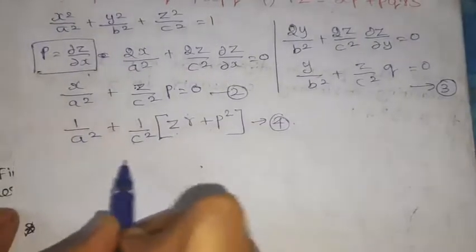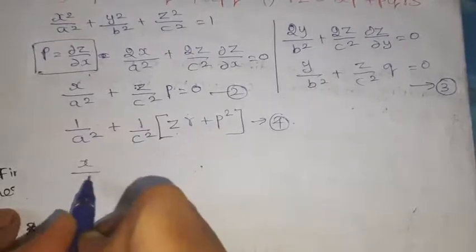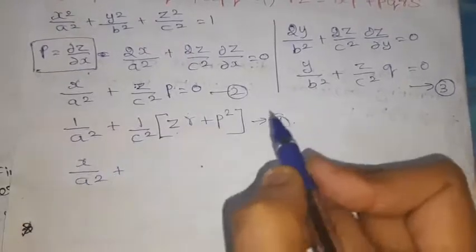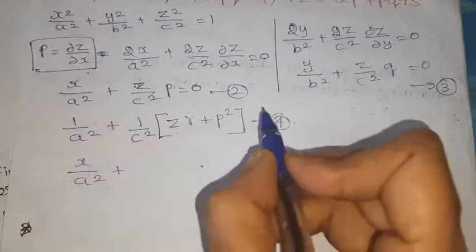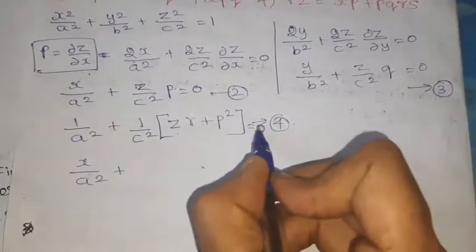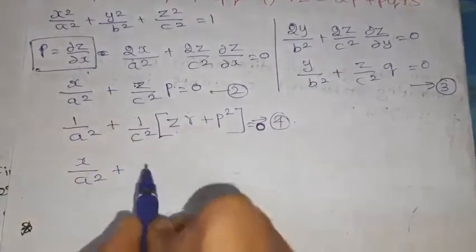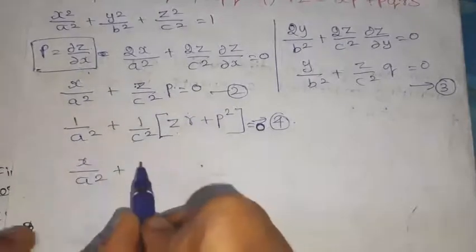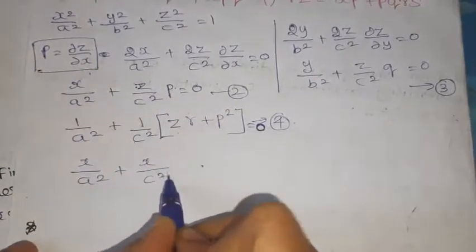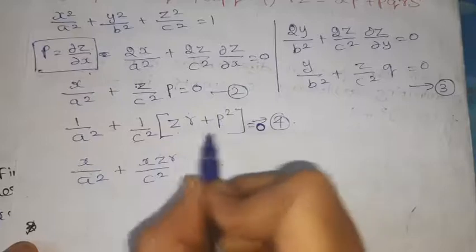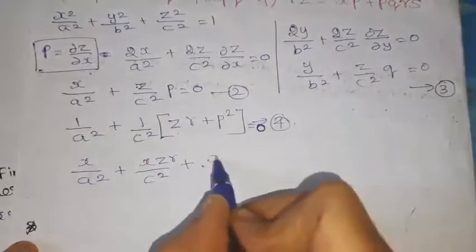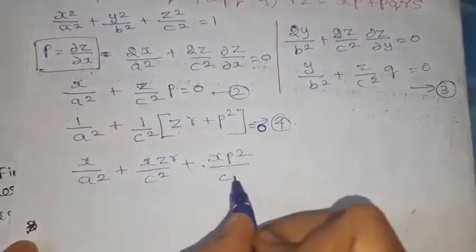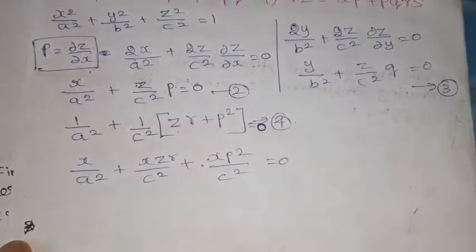Multiply by x in equation number 4. What we will get? x by a squared plus x z r by c squared plus x p squared by c squared, in the right hand side equal to 0.